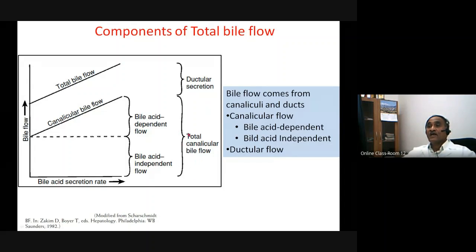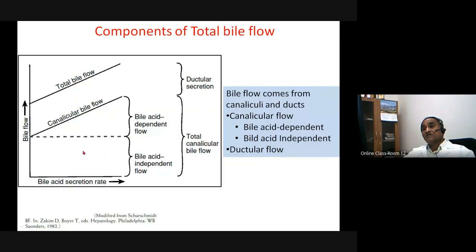In the canaliculi, we have a bile acid dependent mechanism wherein bile salts are secreted into the lateral space and into the canaliculi. The bile salts are being added into the system, and that would increase the flow. The bile acid independent flow is only bicarbonate and sodium.